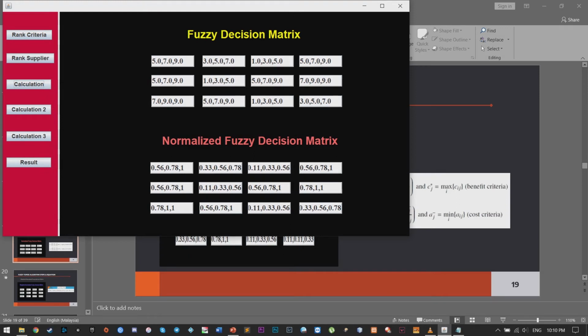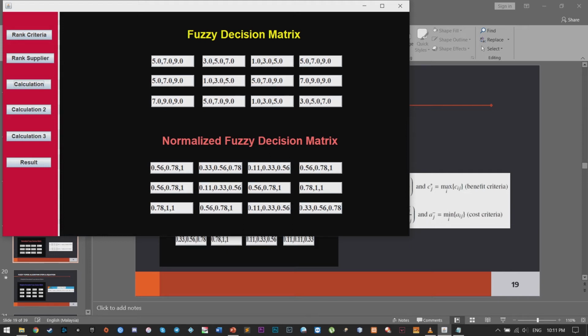To get this value, the fuzzy TOPSIS algorithm will compare column by column, row by row, which is supplier 1, supplier 2, and supplier 3 by column. So it will compare the first row of the first column with the second row and the third row of the first column.